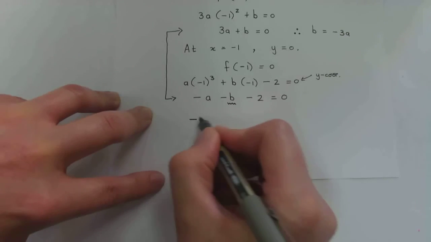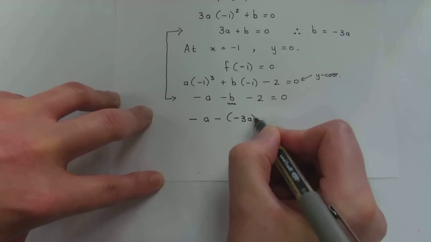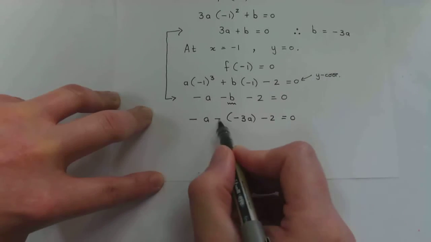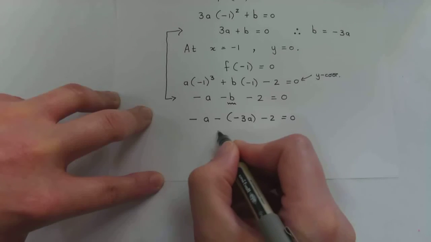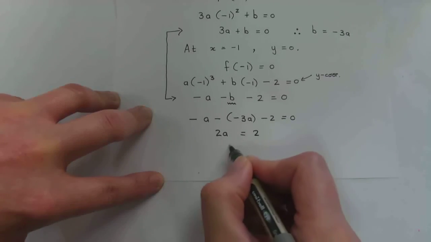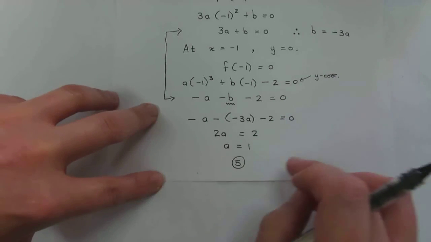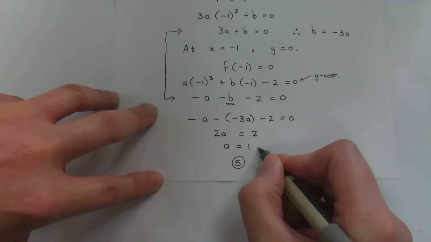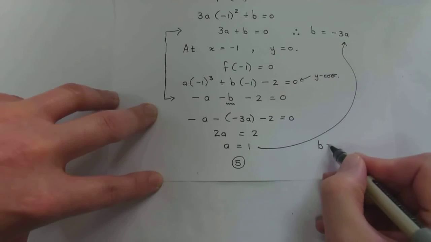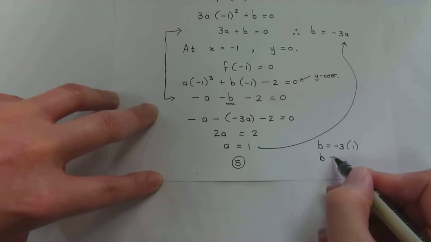So I'm going to say minus a minus -3a minus 2 is equal to 0, which means minus a plus 3a, which is going to be equal to 2a, is then going to be equal to 2 because I have to transpose. So a is equal to 1. There we go. A is equal to 1. And then I need to substitute this value back in there. And I need to say b is then equal to -3 times 1, which means b is then equal to -3.